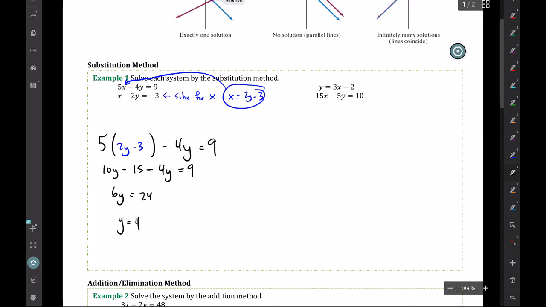So there's my first solution, but I'm not done. Now I need to solve for x. I go back to either one of the equations and plug in y equals 4. So I have x equals 2 times y minus 3, and I plug in 4 for the y. Then x is 8 minus 3, so x is 5.